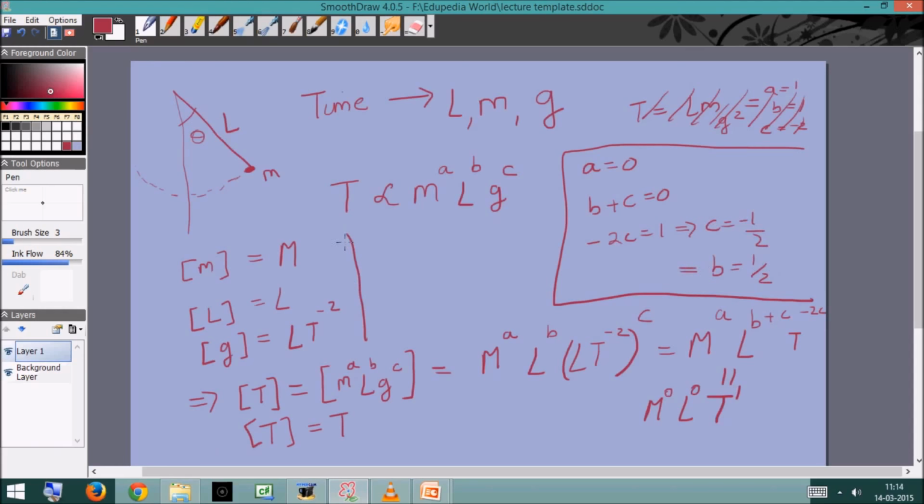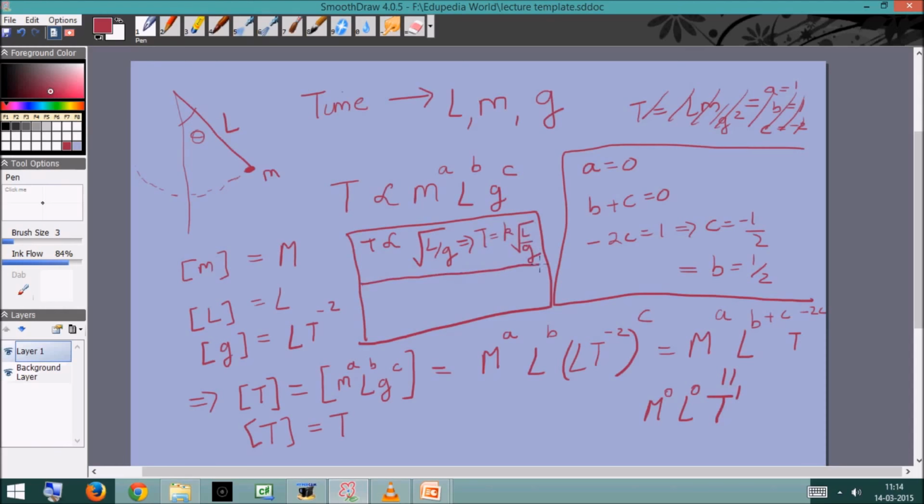So we've calculated the three values, and we can definitely say that the time period is proportional to m to the power of 0, L to the power of half, and g to the power of minus half. So we can write it as root of L by g. And since it's proportional to root of L by g, we can write it as time period is k root of L by g, where k is some proportionality constant.